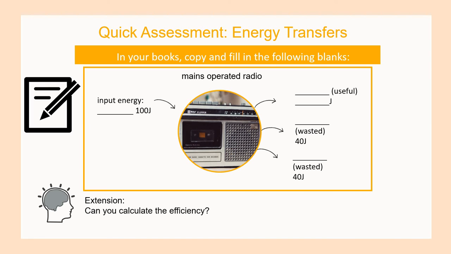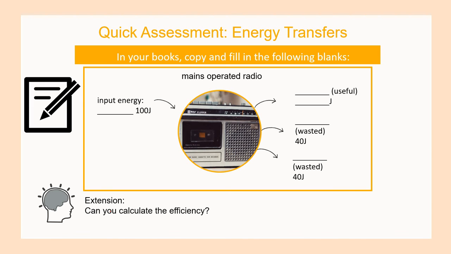Okay, let's fill in the blanks. So, the input energy is going to be chemical energy. So we're going to transfer chemical energy by electrical work done. The useful energy. What do we want from our radio?